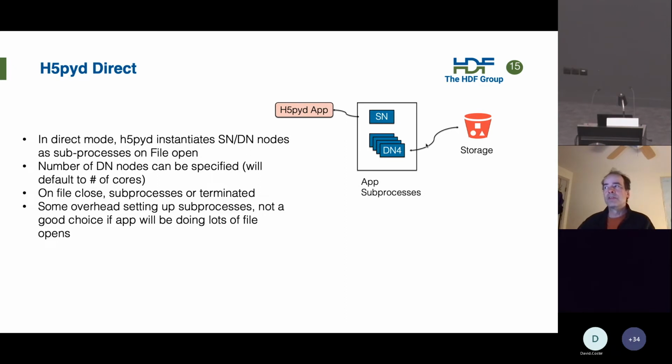So on file open, you'll start these processes, and then there's no per call overhead, and as soon as you file close, the subprocesses go away. So this is nice in that, again, there's no server to set up. It just works like a normal H5Py application, except that there's under the covers subprocess and parallelization happening.